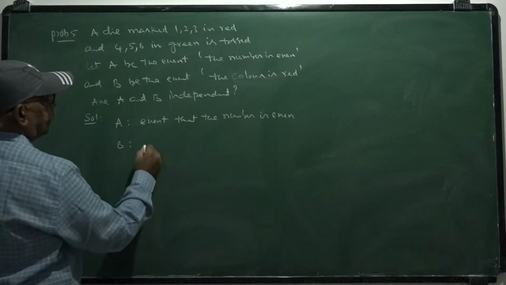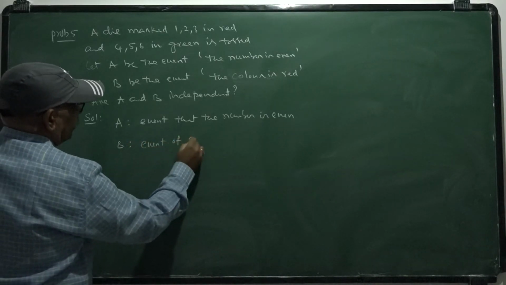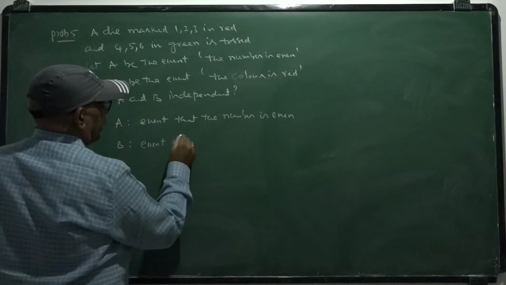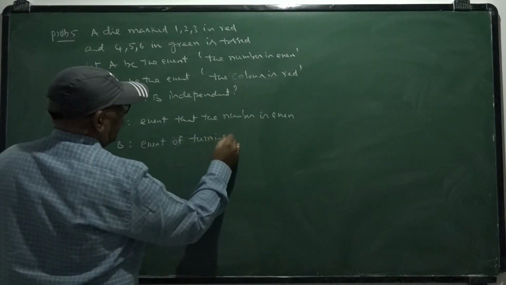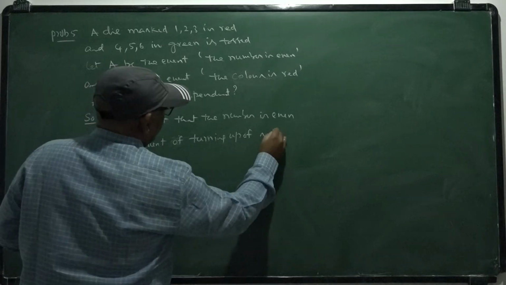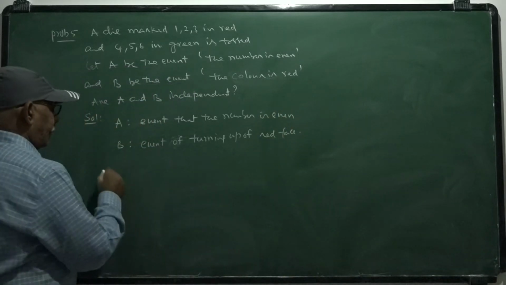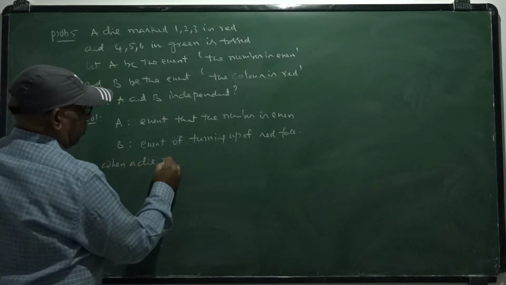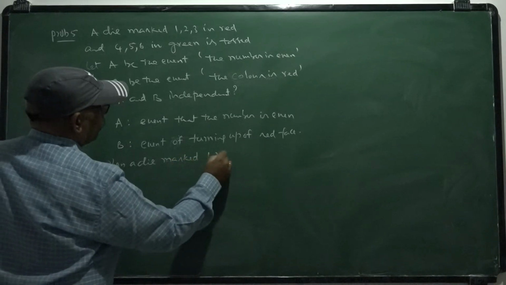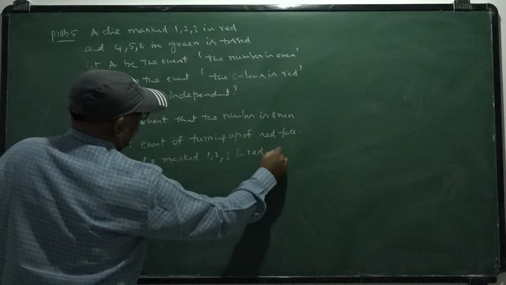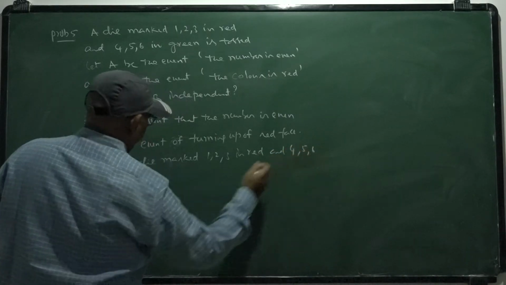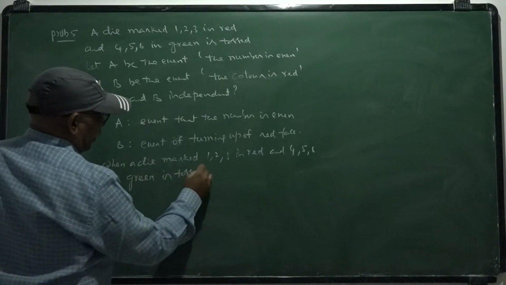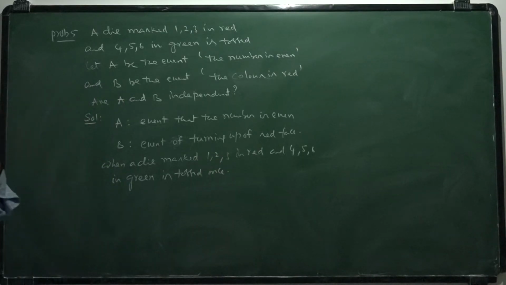B stands for the event of the red face turning up, when a die marked 1, 2, 3 in red and 4, 5, 6 in green is tossed once. This is the data.